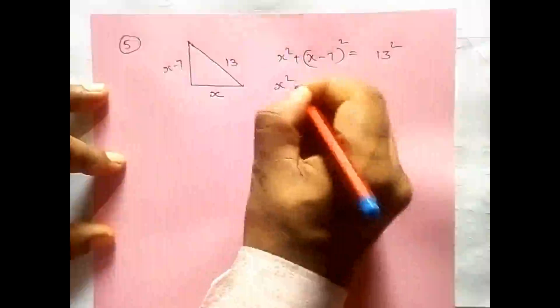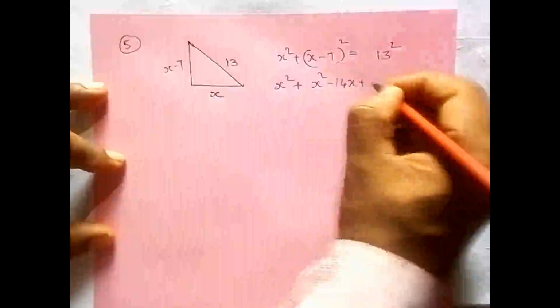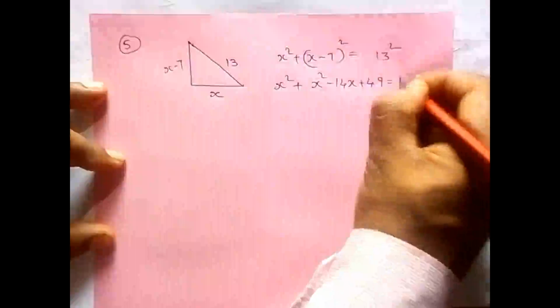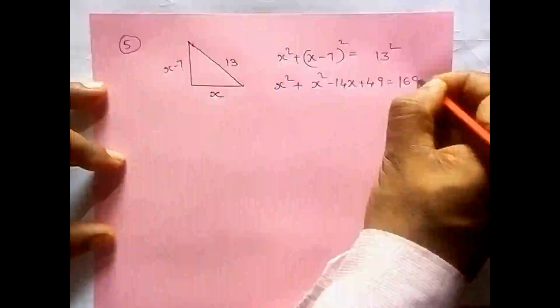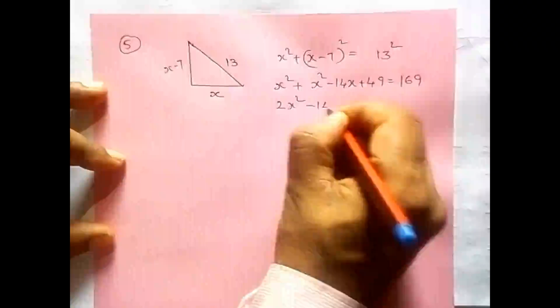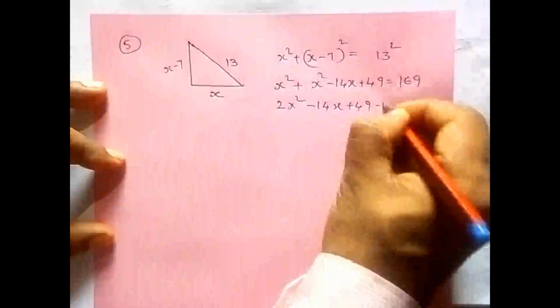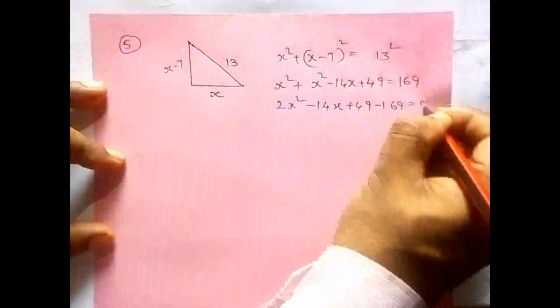That is x square plus x square minus 14x plus 7 square, that is 49, equal to 13 square, 169. Or 2x square minus 14x plus 49 minus 169 equal to 0.